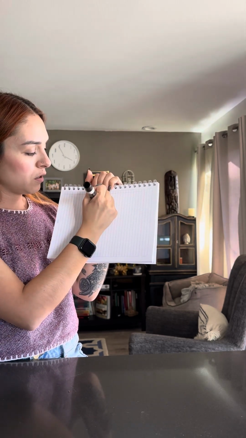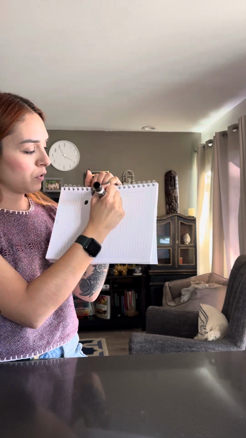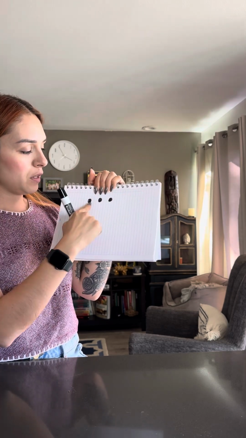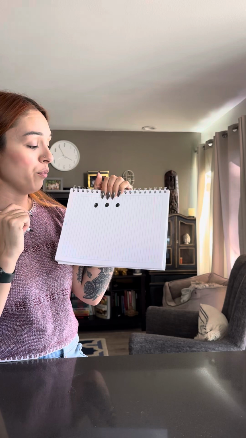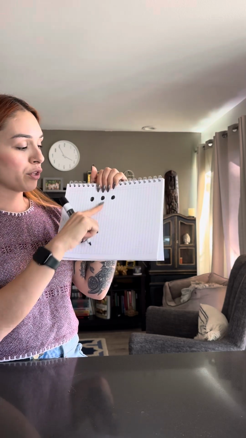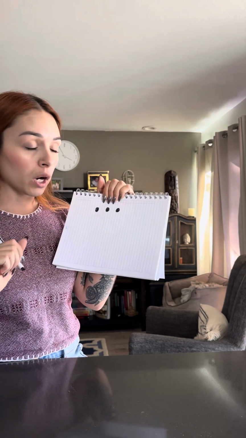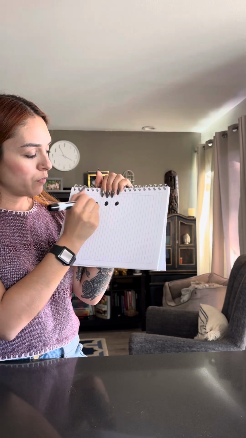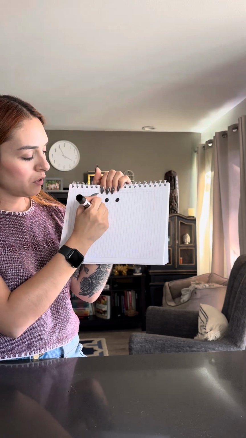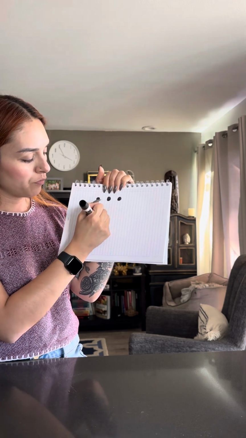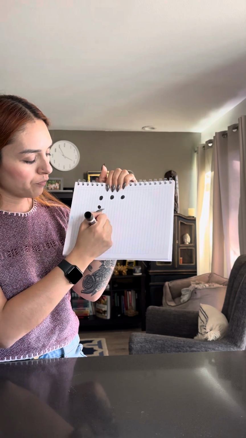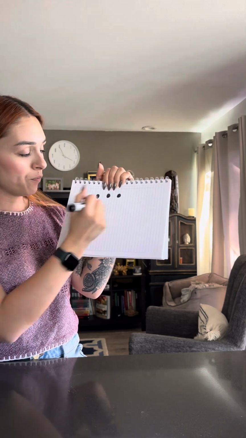1, 2, 3. Each of these are going to represent a row. And in each row, there's going to be 4 dots. So this is already 1, 2, 3, 4.